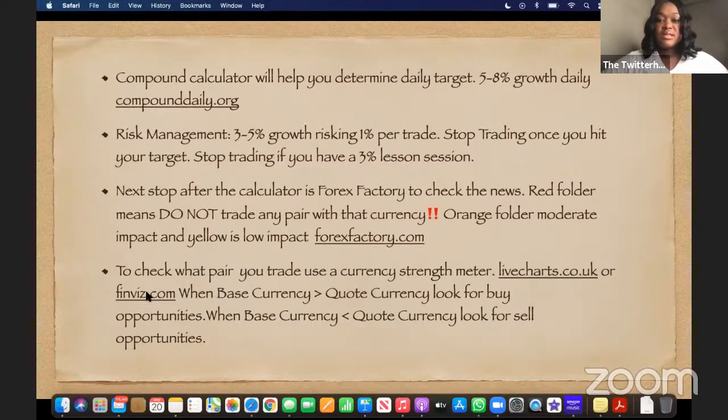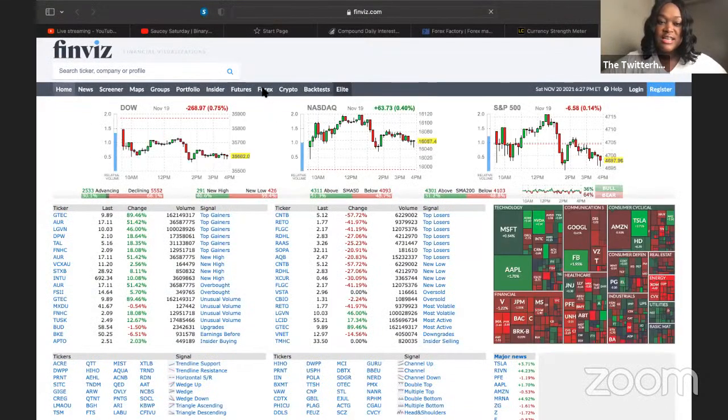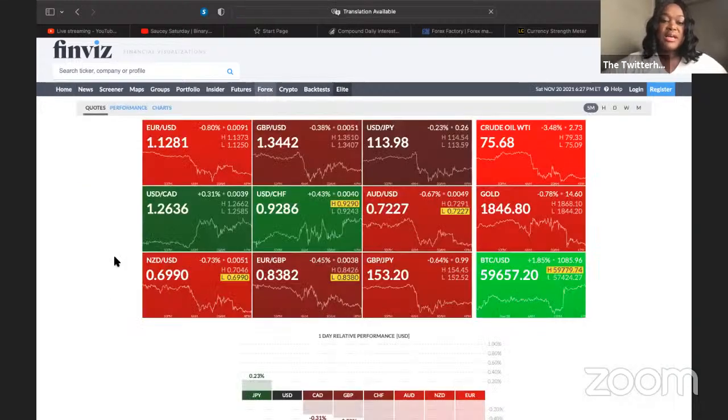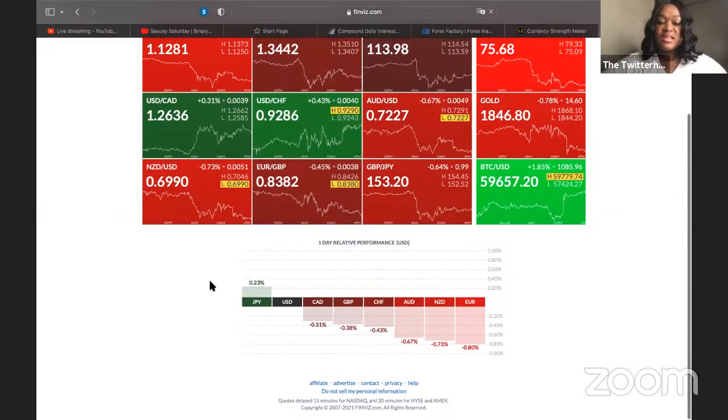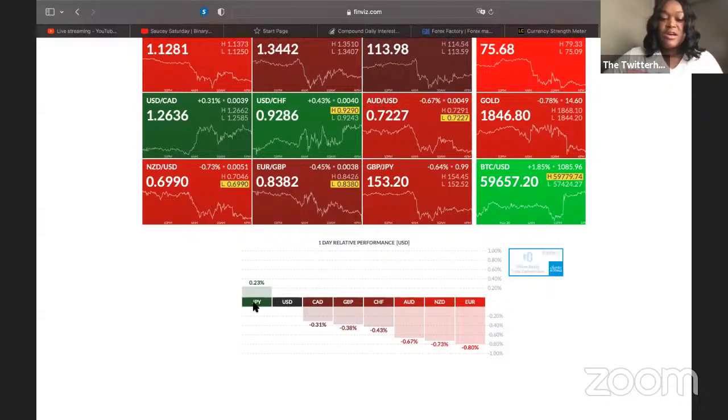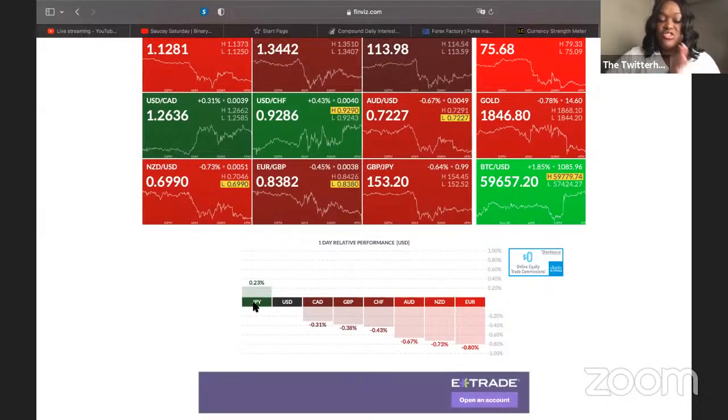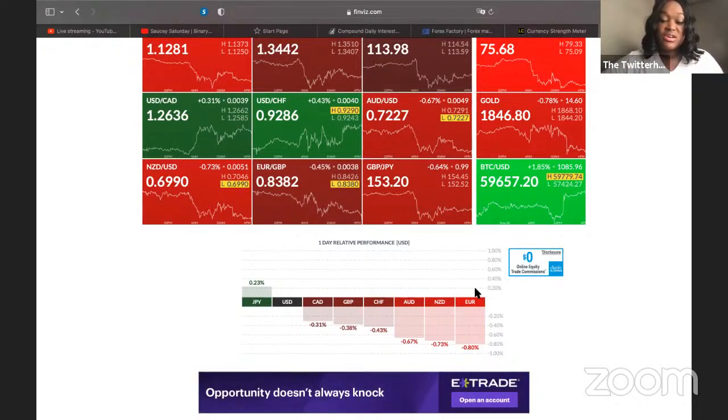So this is what Finbiz looks like. You're going to select Forex. So it's showing currency strength in terms of this chart. The left is the strongest currency. The right is the weakest currency.